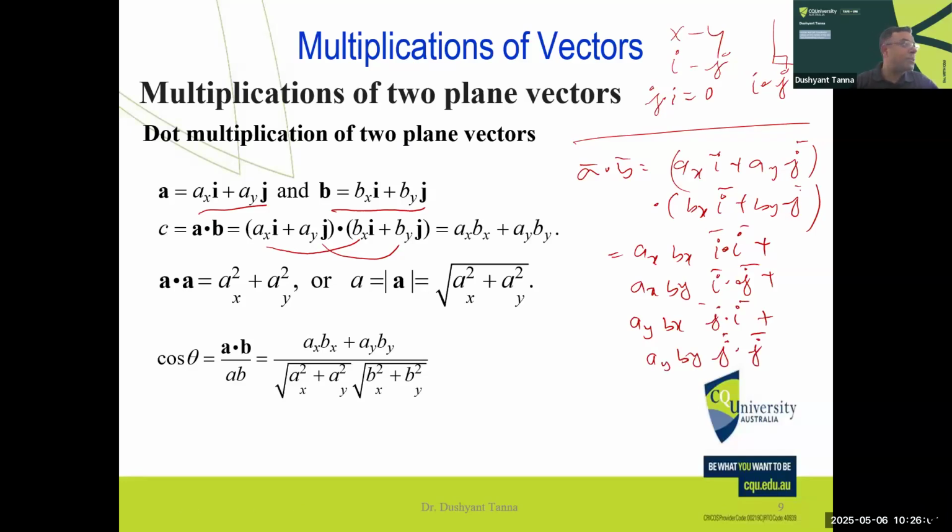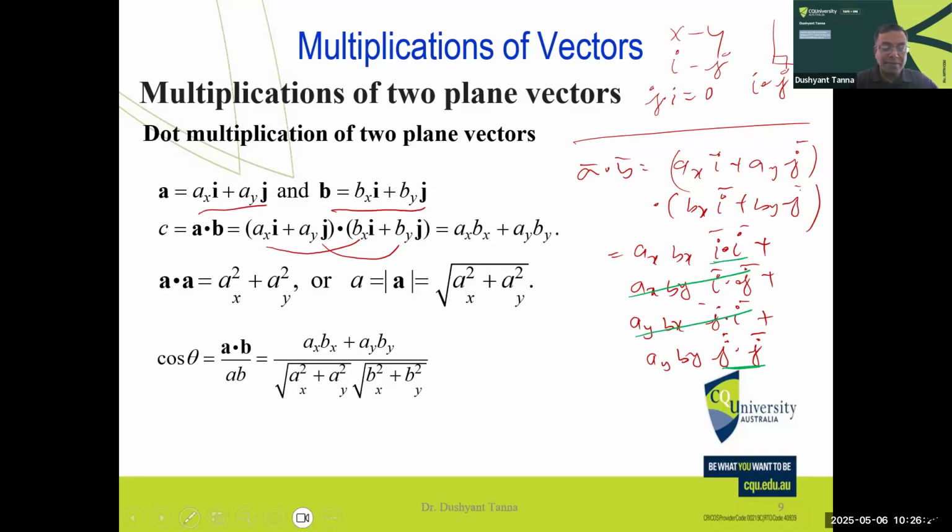Now, as I mentioned, i dot j or j dot i will be 0, so these terms are gone. The vector with itself, i dot i, will be 1, and j dot j will be 1.